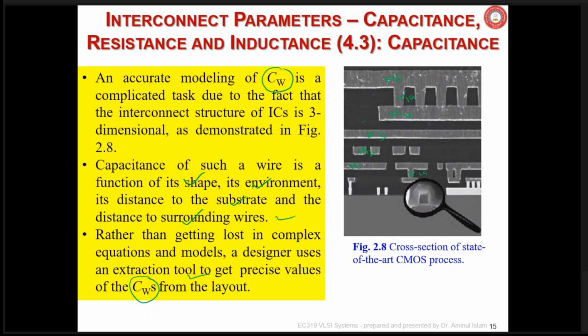Exactly capturing the values of capacitance or resistance, particularly capacitance, is very difficult. So rather than getting lost in complex equations and models, a designer uses an extraction tool to get precise values of wire capacitance. If you come to the institute and do the layout with the Cadence tool, after doing the layout, you can run the extraction tool.